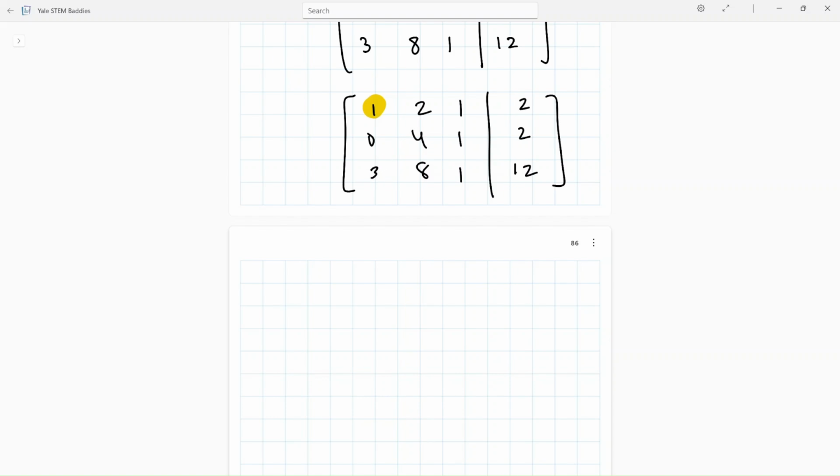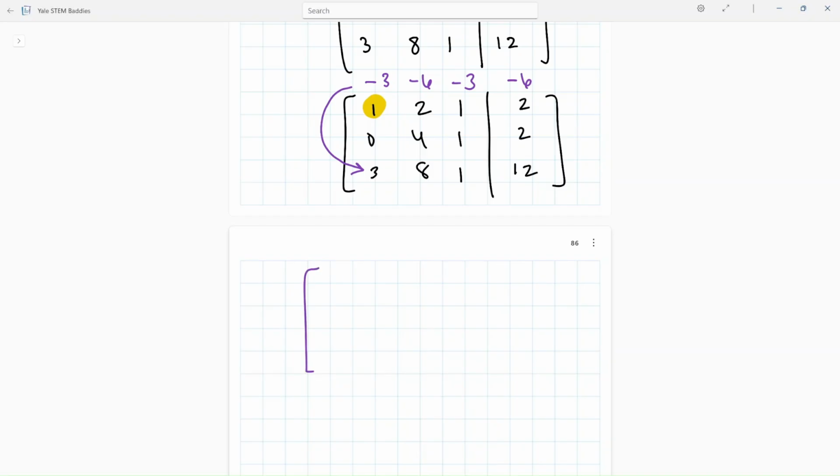Let me draw that better. Let's multiply the top row by -3. That gives us -3, -6, -3, -6. Then we add that scaled row to this bottom row.